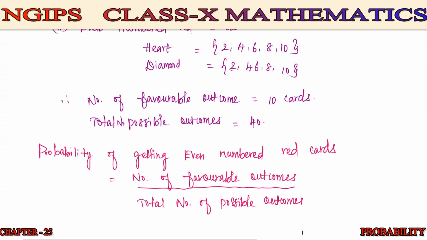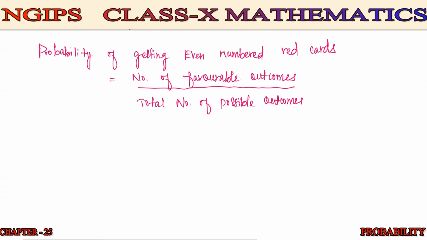Here we have total number of favorable outcomes, it is 10. Total number of possible outcomes, it is 40. Now if you cancel that 0 0, then finally the leftover is 1 by 4. So this is the probability of the given question.